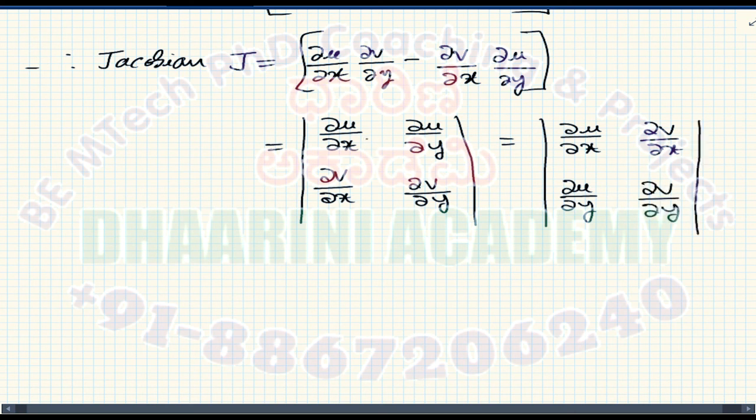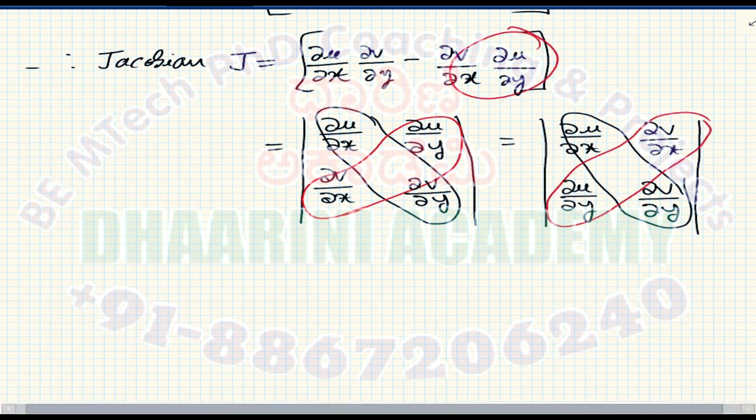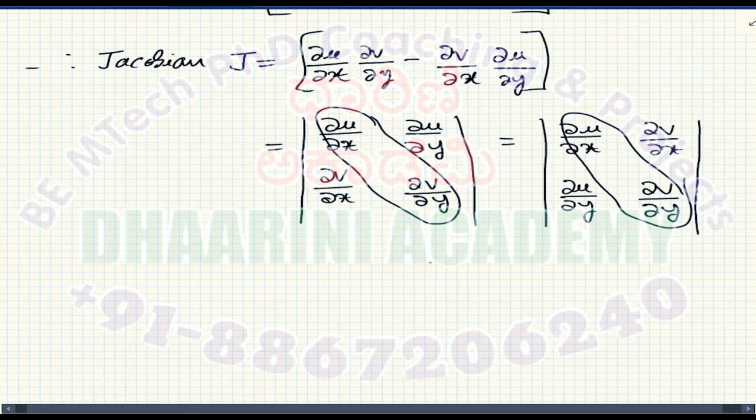Ultimately you see that you are multiplying ∂u/∂x by ∂v/∂y, and also the other multiplication is ∂v/∂x into ∂u/∂y. So it's happening the same way, irrespective of what type of determinant I'm writing.